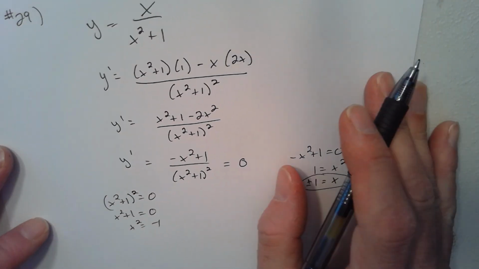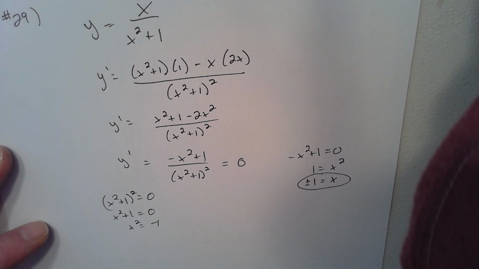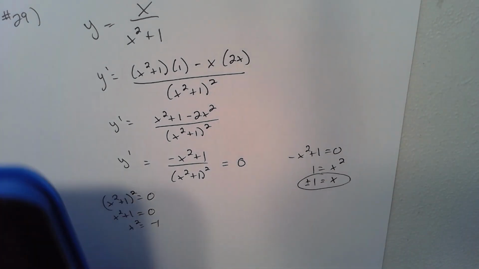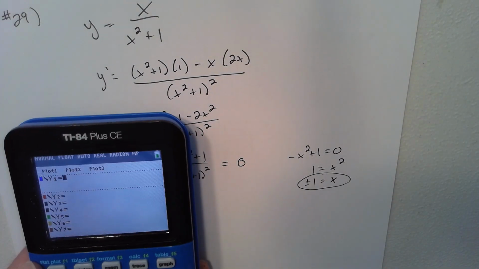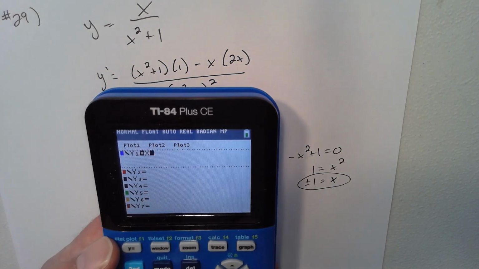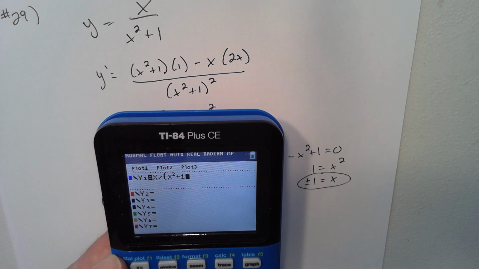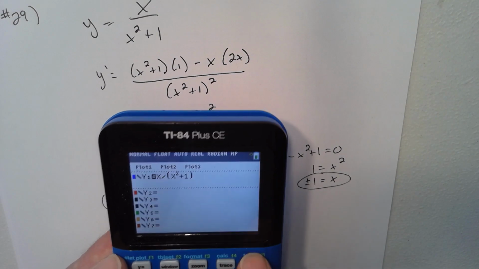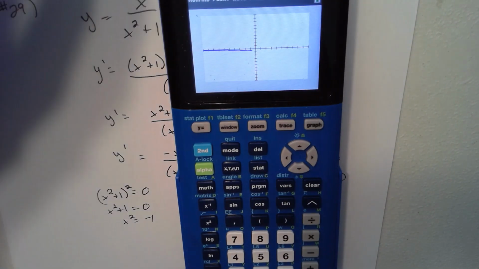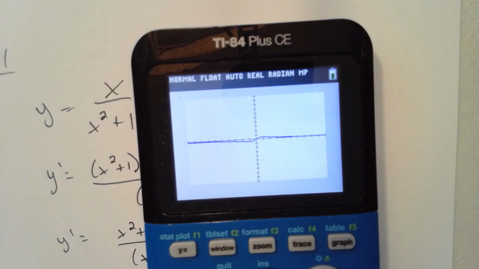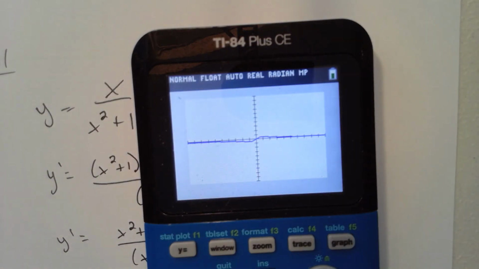potential extrema. So at this point, we would graph the original. And we said negative 1 and 1. I'm going to zoom in a little bit.